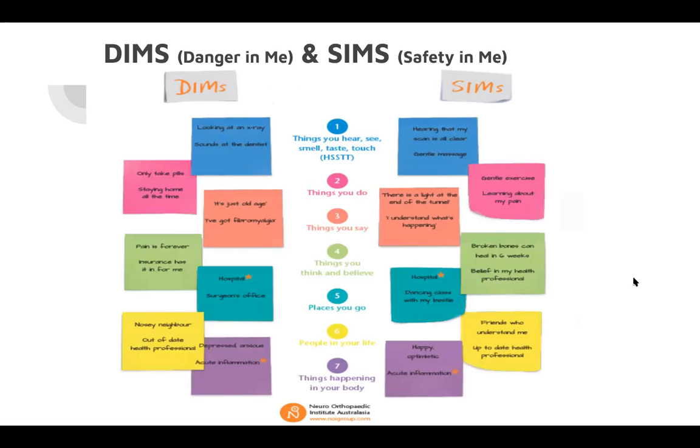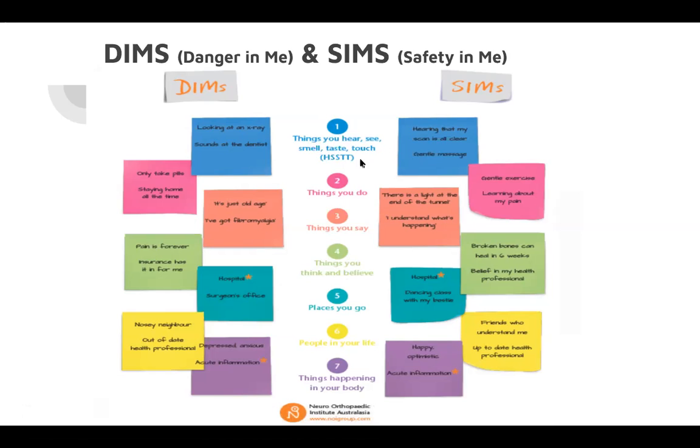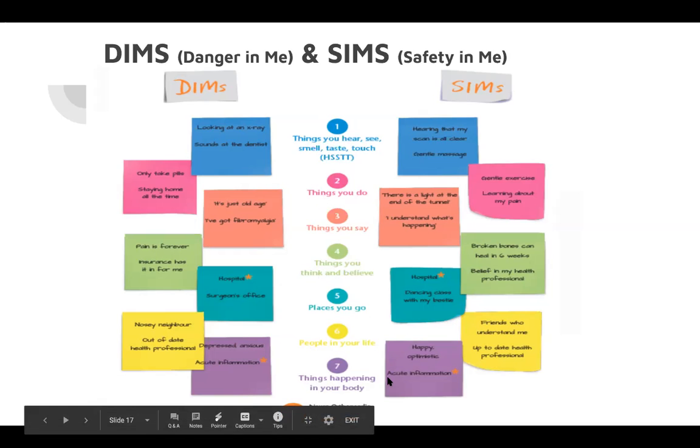I wanted to just finish up with an example of what the NOI group lists as danger in me and safety in me. And so they broke it down into 7 categories. You can see they're color-coded: things you hear, see, smell, taste, things you do, things you say, things you think and believe, places you go, people in your life, things happening in your body.